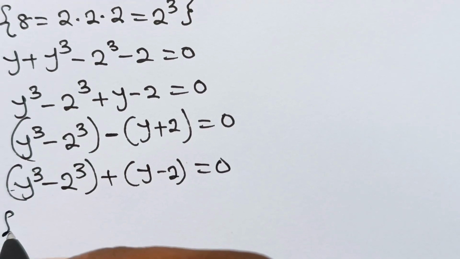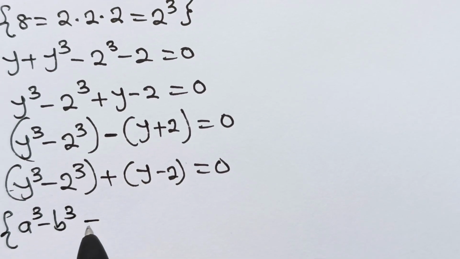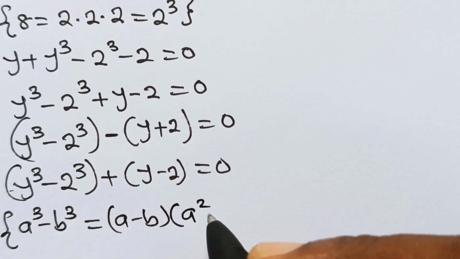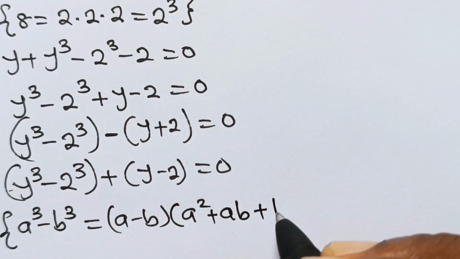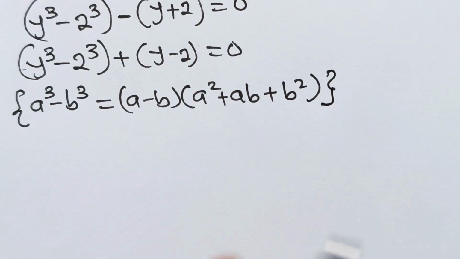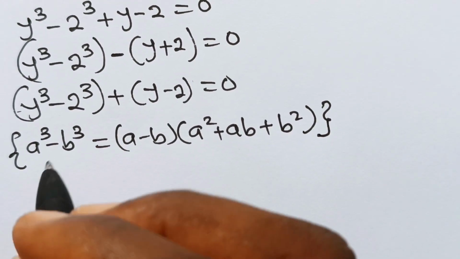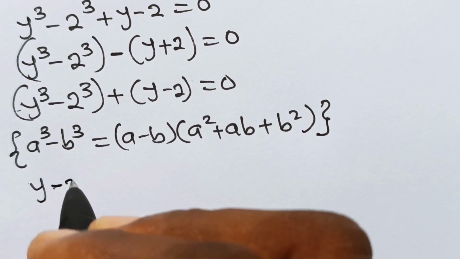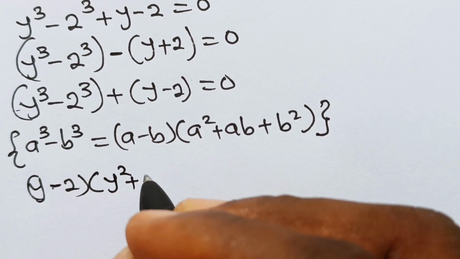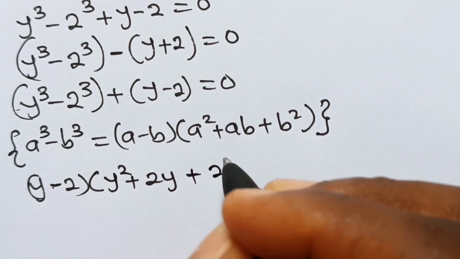Now remember that a to the power of 3 minus b to the power of 3 is equal to a minus b multiplied by a squared plus ab plus b squared. That means that we can write this as y minus 2 multiplied by y squared plus 2y plus 2 squared.